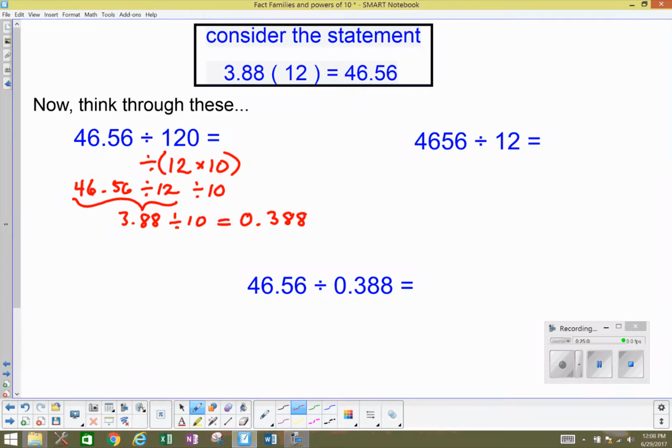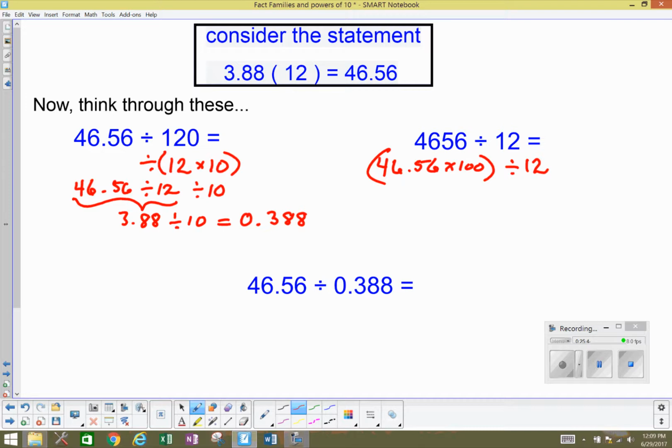So if I have 4,656 divided by 12, I know that 4,656 is the same as 46.56 times 100. Now we're not dividing by that. That is actually in front. I am going to be dividing by 12.